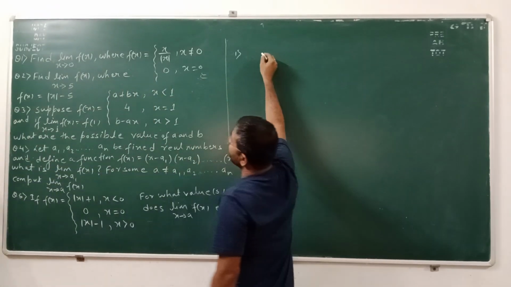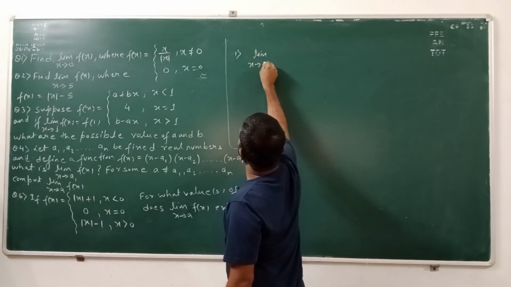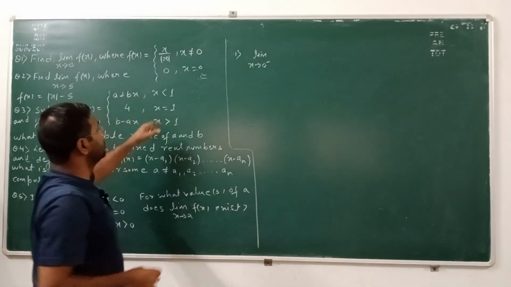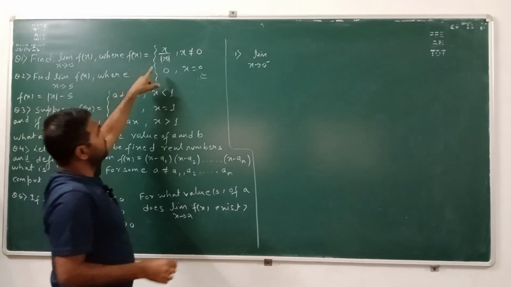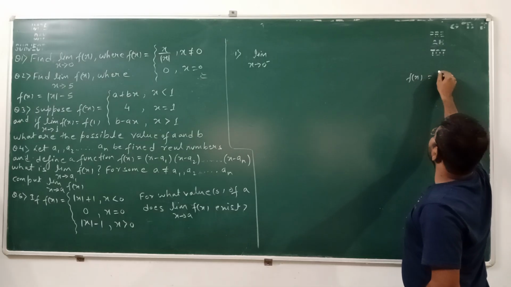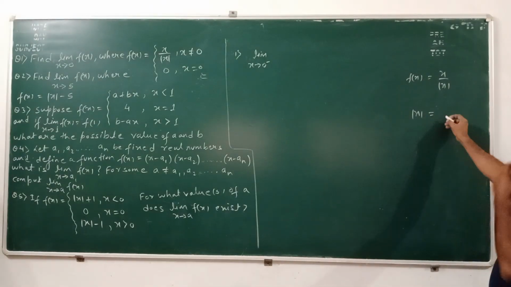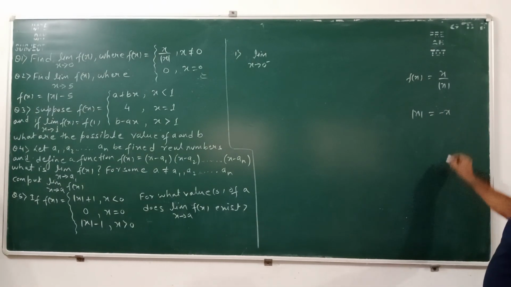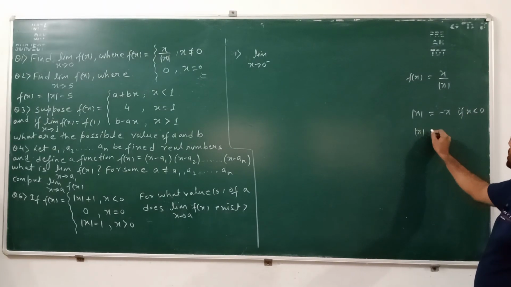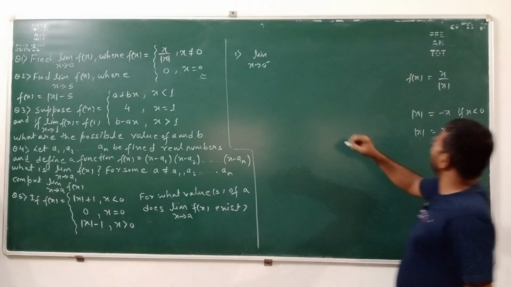So first of all we have to find the limit as x tends to 0 negative. Here f(x) is x upon mod x. The value of mod x will be minus x if x is less than 0, and the value of mod x will be positive x if x is greater than 0. On the basis of this we will do it here.